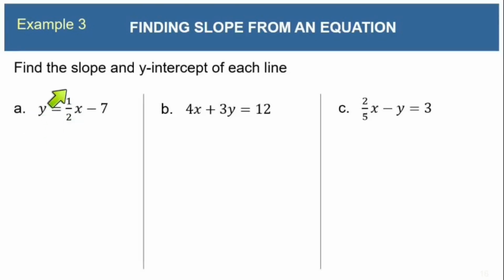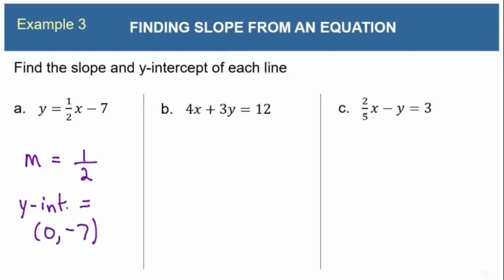So in this case, the slope is 1/2, so m equals 1/2, and the y-intercept is going to be 0, negative 7. So remember that the y-intercept is a point, so it's going to have an x-coordinate and a y-coordinate. The x-coordinate, of course, is 0, and that's because the point is on the y-axis. But this number right here is the y-coordinate of the y-intercept. So 0, negative 7 for this one.